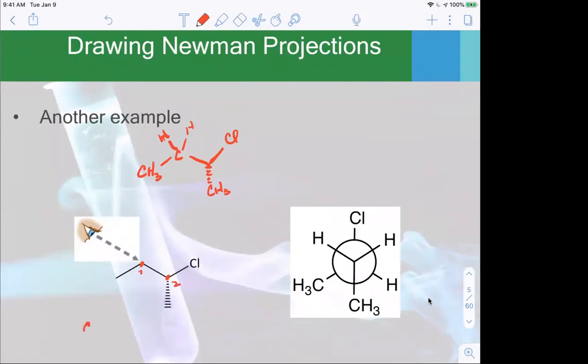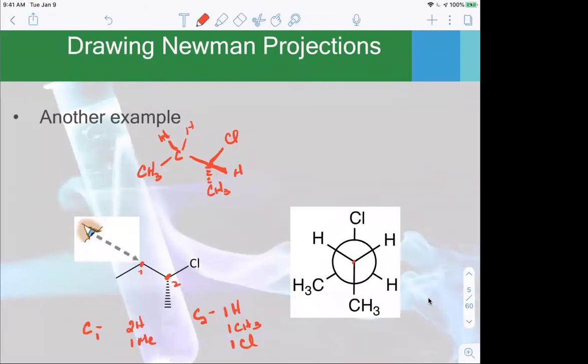On carbon 1, I have 2 hydrogens and 1 methyl. On carbon 2, remember, I also have a hydrogen there. So I have 1 hydrogen, 1 methyl, and 1 chlorine. So I each have 3 groups, and this is going to be the second carbon here.